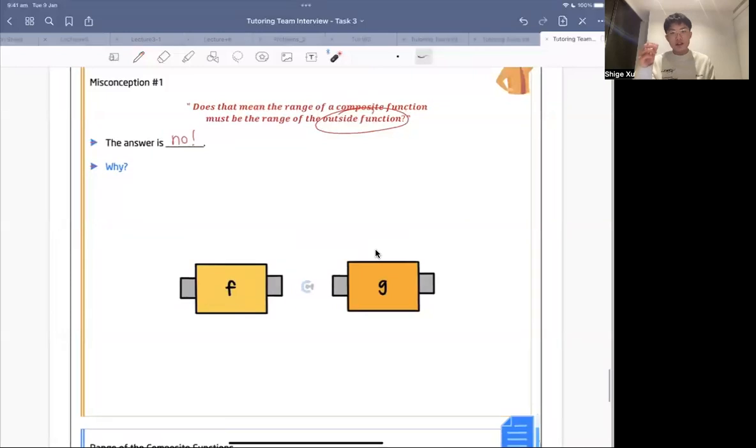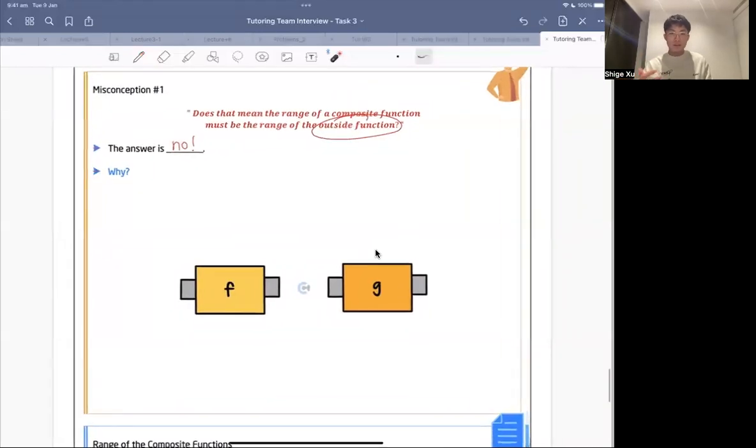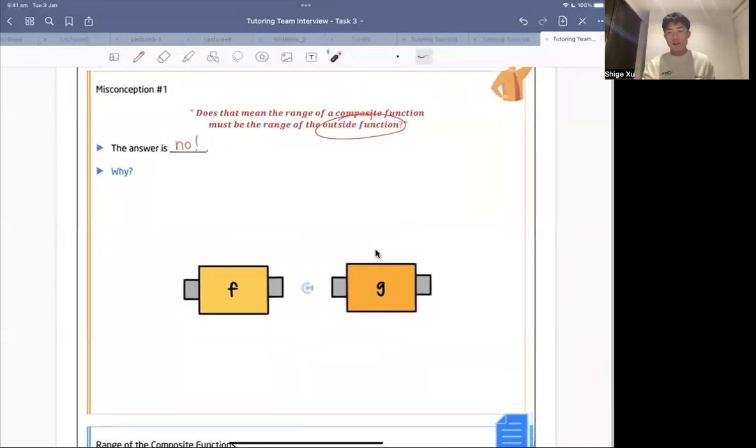Maybe just half of those, so then we can only produce half of the outputs, right? Not all. So we cannot guarantee that the outside function will make everything that it can possibly make.